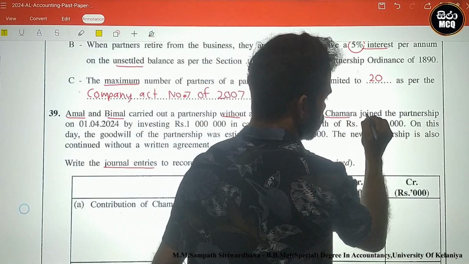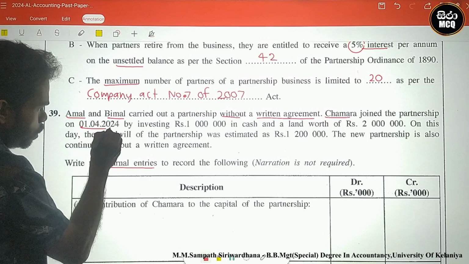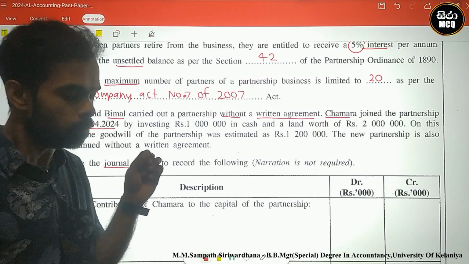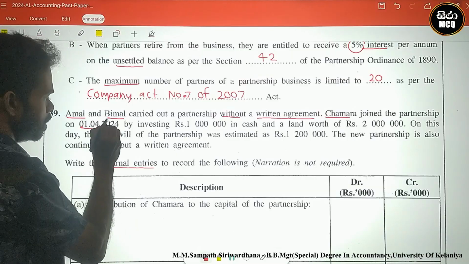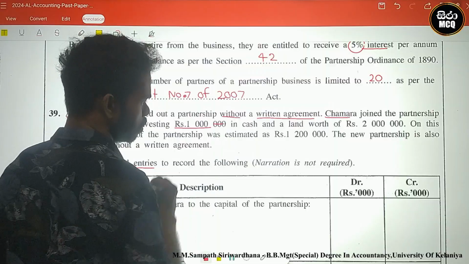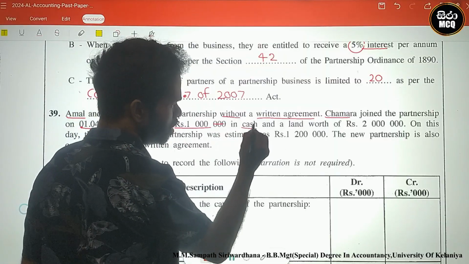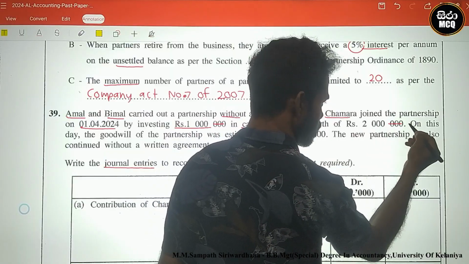Charmer, the new partner, joined the partnership on 1st April 2024. This is the opening date of the year. He invested 1,000,000 in cash and land worth 2,000,000.